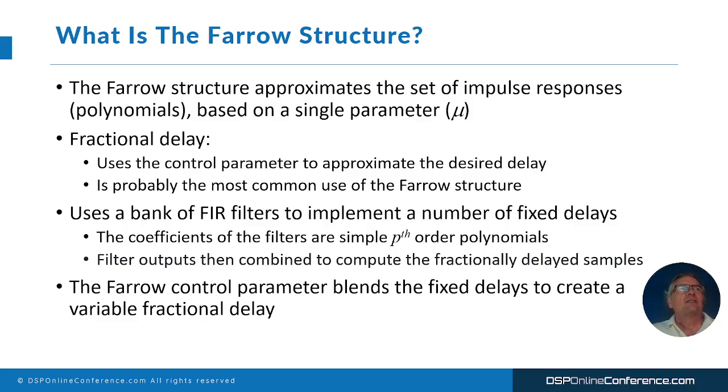So how does the Farrow structure work? The Farrow structure approximates a set of impulse responses, polynomials, based on a single parameter mu. And mu is the parameter that controls that variable, fractional delay.